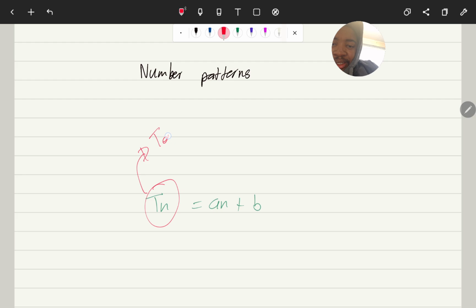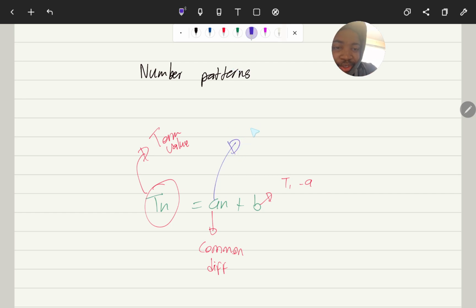Here, a is your common difference, and this one, b, is t1 minus a. We're going to talk about how we actually find each of these.